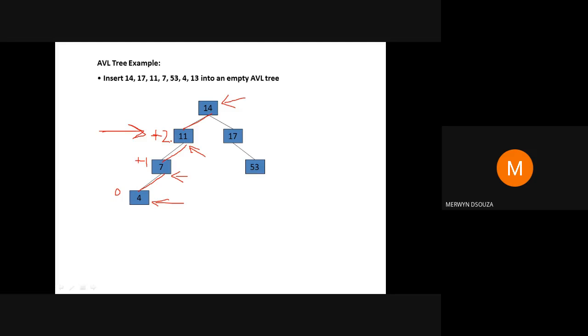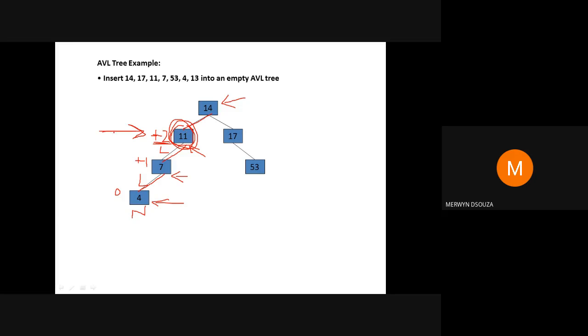So you have to identify which one of the 4 rotations you are going to apply. How do you identify it? This is the new node that you have inserted into the tree. It is inserted as the left side of 7, and 7 is the left of 11. And this is the node with the problem. The balance factor is not proper.